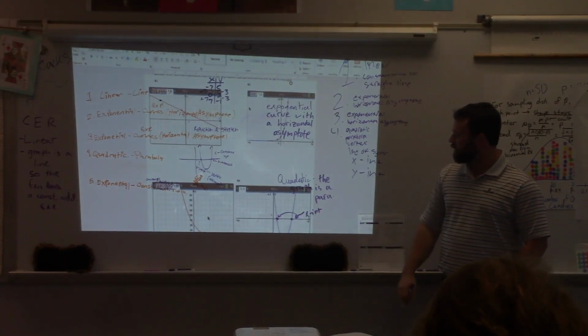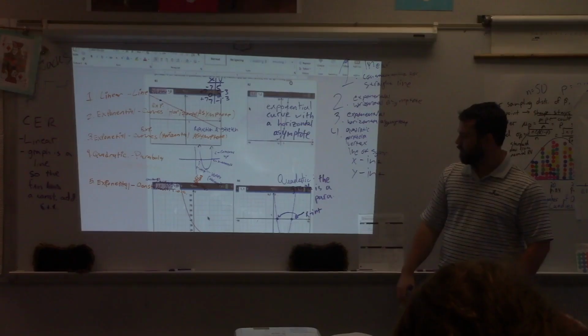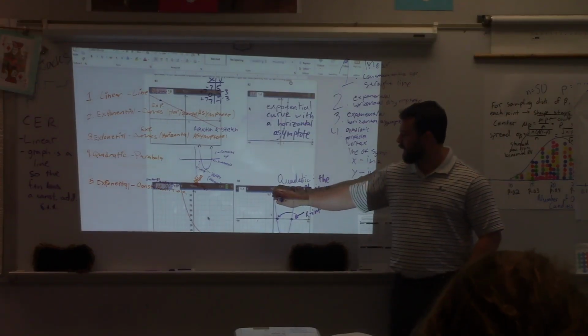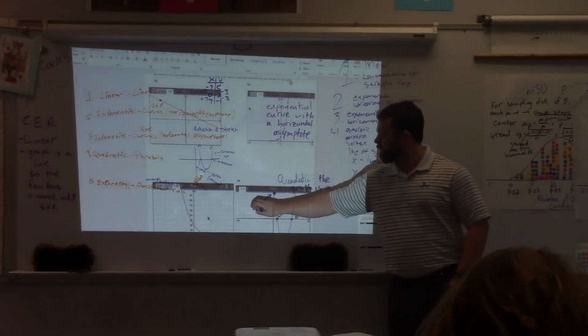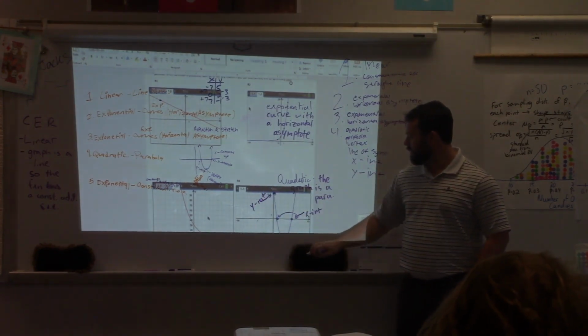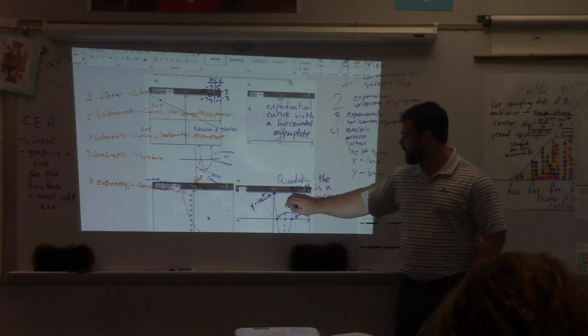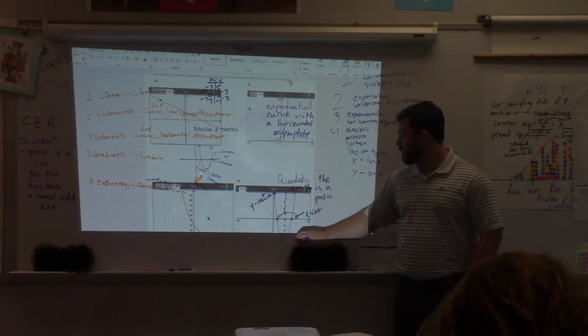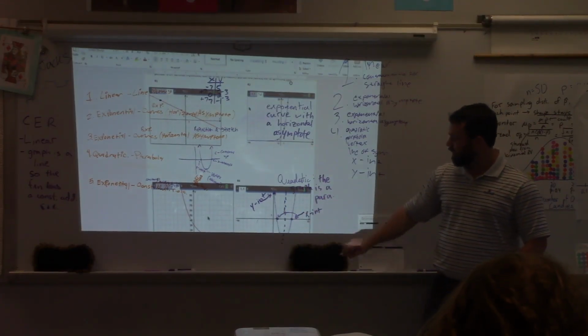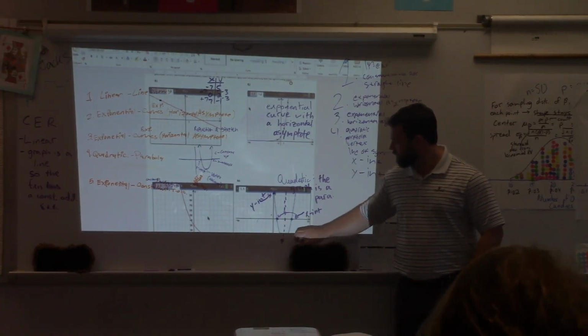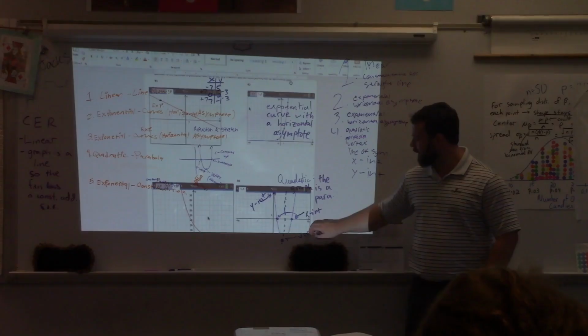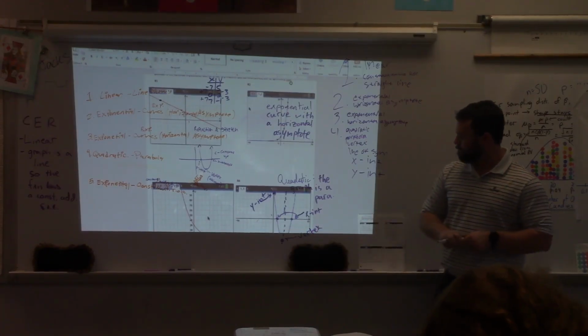Where's my y-intercept? Top left, on the y-axis, that's my y-intercept. My axis of symmetry is right here, or line of symmetry. And then what's down here? Vertex. That's my vertex. I know we can't see it perfectly, but it's down there.